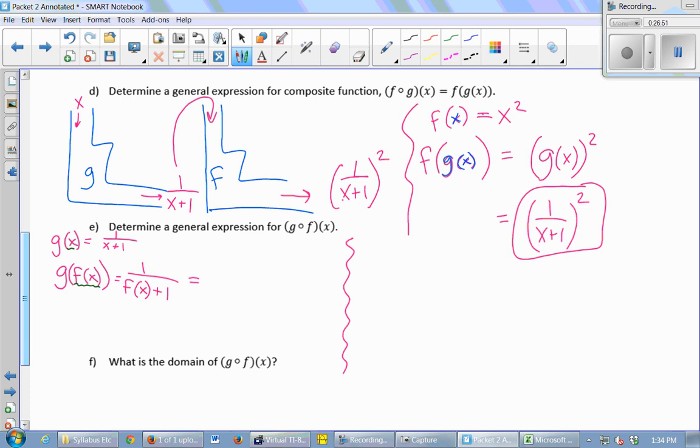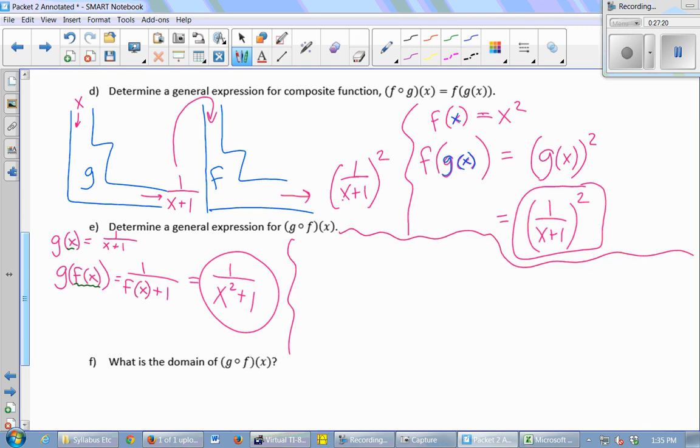But what's the formula for f of x? x squared. So this is 1 over x squared plus 1. Yep, I just did it in some steps.